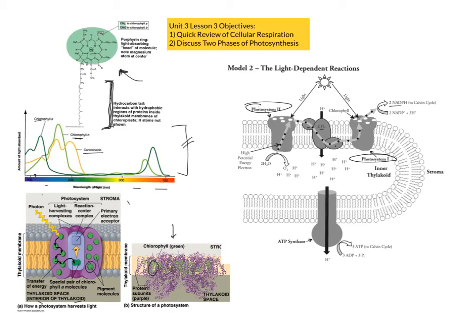Chlorophyll B is closer to about 475, and carotenoids about 500 nanometers. Now, in this visible light spectrum, we have different colors that each contain different levels of energy.